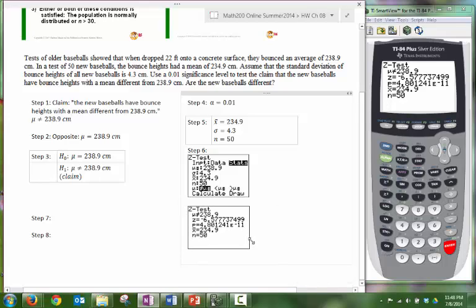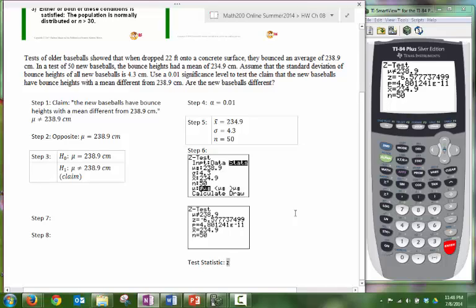We have our values. What we really want is, depending on what we're going for, we could have a test statistic. We can report our test statistic, or we can find our p-value. In this case, we have both these pieces of information here. So our test statistic is a z-value.